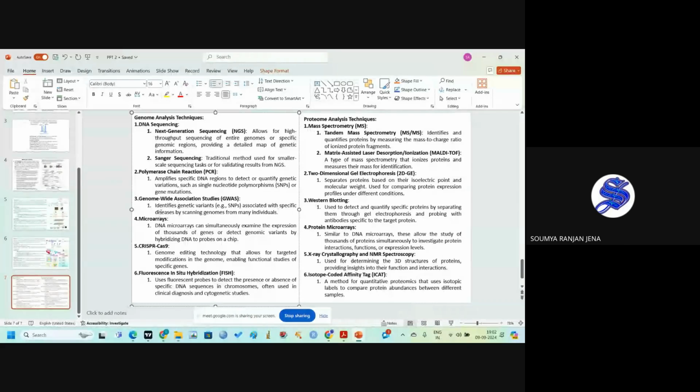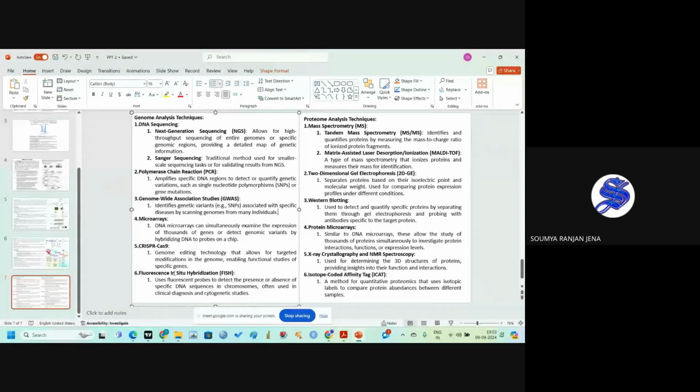Then we also describe the microarray process. The DNA microarray can simultaneously examine the expression of thousands of genes or detect genomic variants by hybridizing DNA to the probes on a chip.